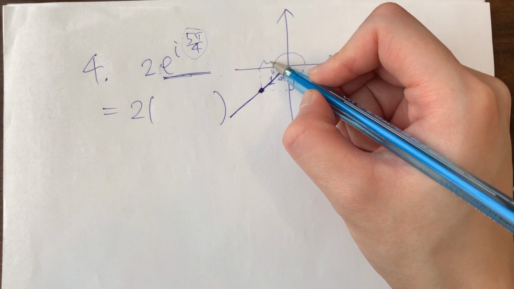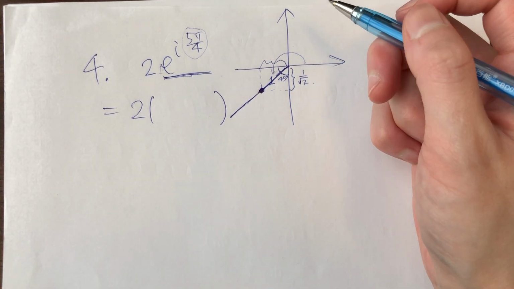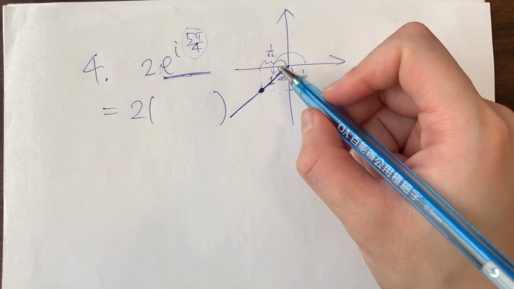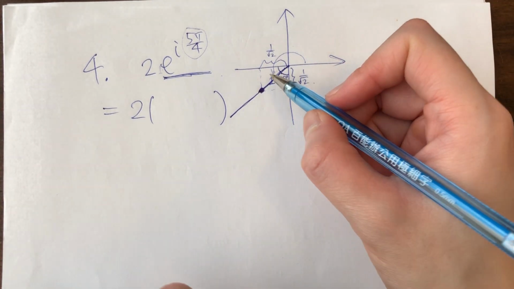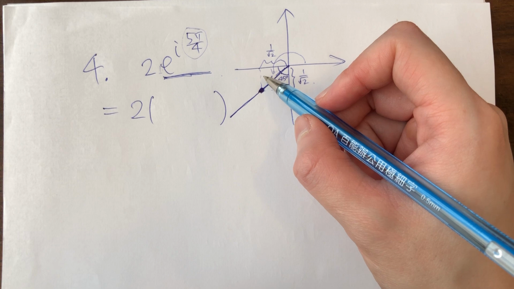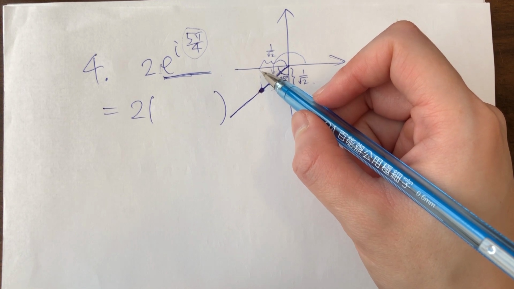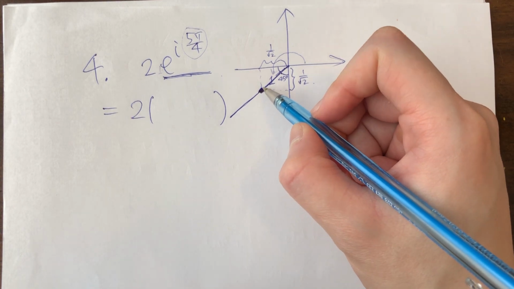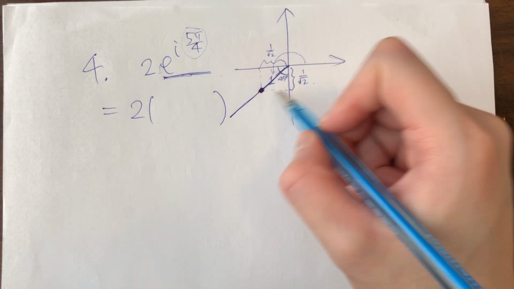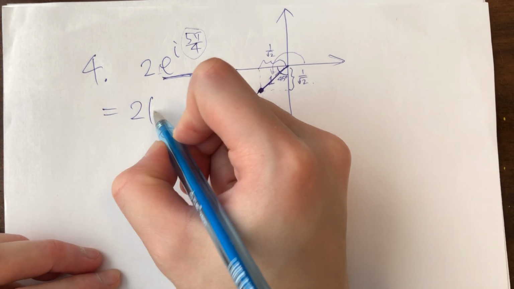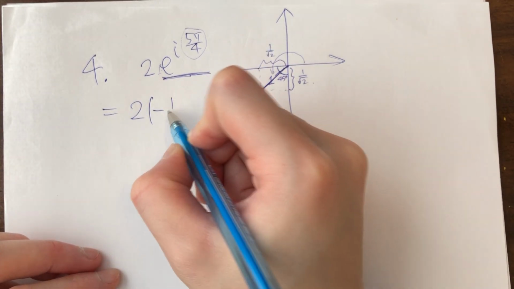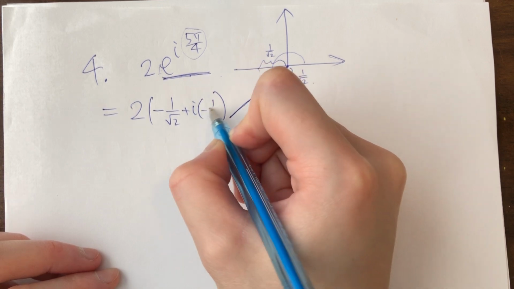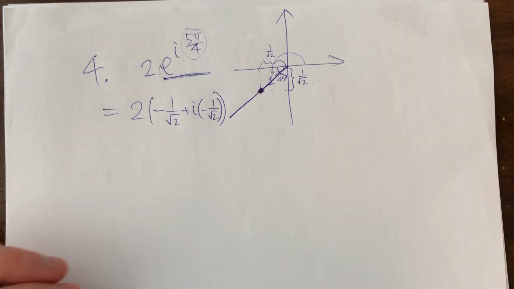Similarly, this length, be careful, I'm talking about length at this point, is 1 divided by square root of 2. But now we want the coordinates, so you have to take into account the signs. This point is in the third quadrant, so it's negative, right? So it's negative 1 over square root of 2 plus i times negative 1 over square root of 2.